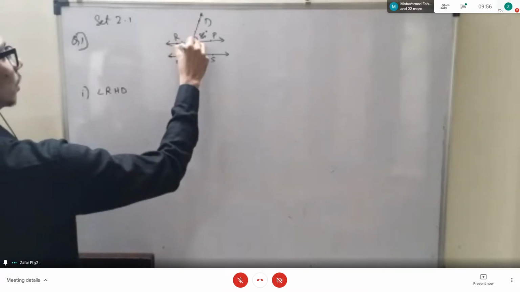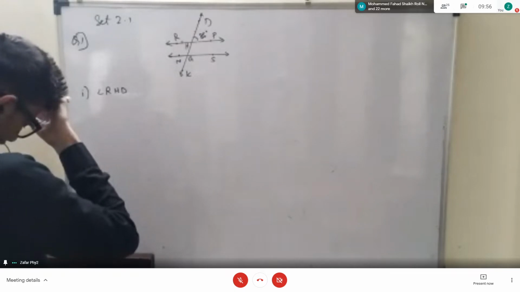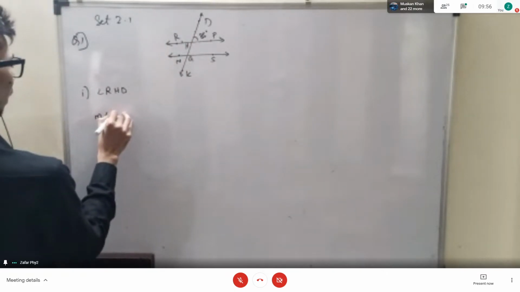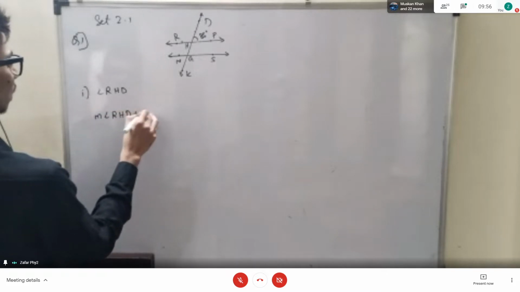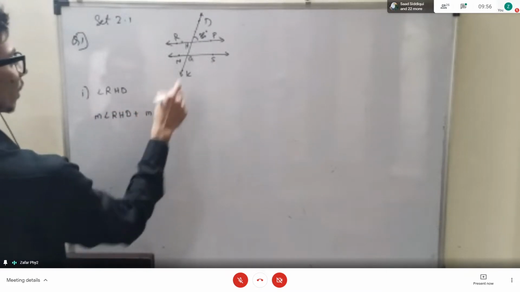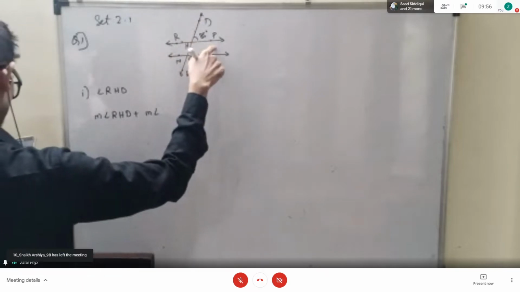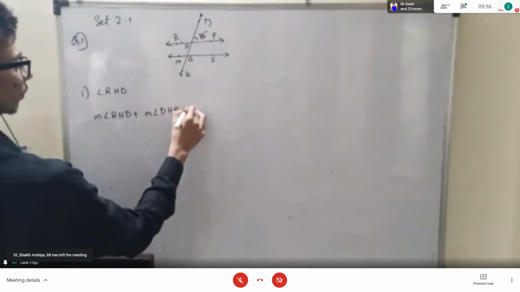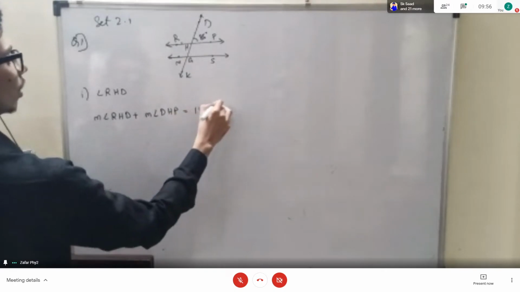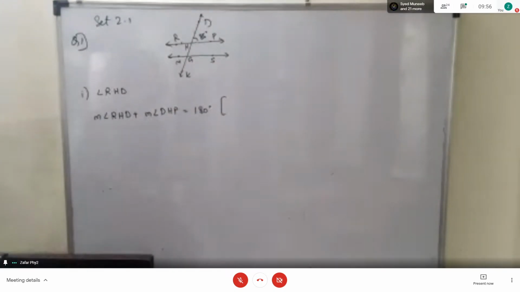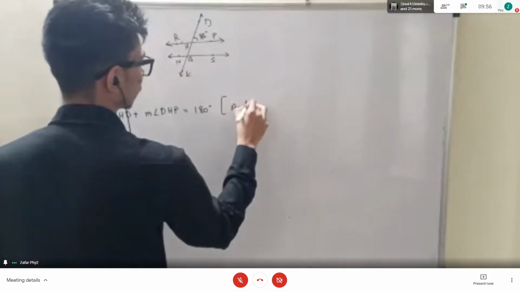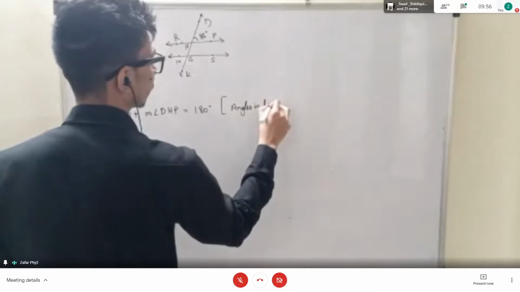Okay. So tell me what to use. So measure of angle RHD plus measure of angle DHP, which is given in the question, is equal to 180 degree, right? Angles in a linear pair.